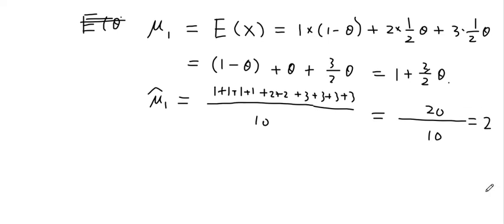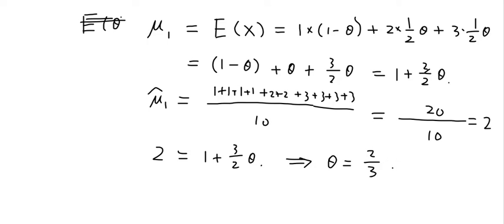Okay, so we just use this 2 to equal this 1 plus 3 over 2 theta. So we get theta equal 2 over 3, right?